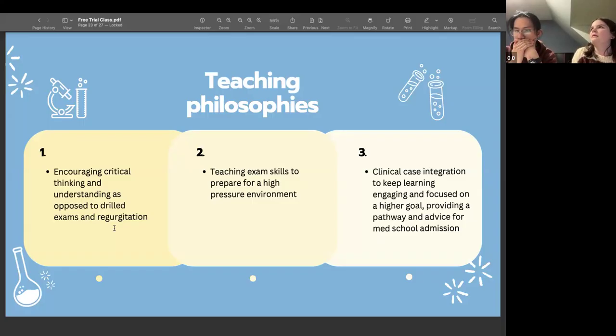Once you get into university, you need to be able to fully comprehend and understand and use your brain as opposed to just memorizing. So we're trying to encourage critical thinking with our teaching method. And then finally, we'll also teach skills to stay calm in high pressure situations like exams or all of health sci first year. We'll be teaching some well-being skills, some test taking strategies that really helped us.